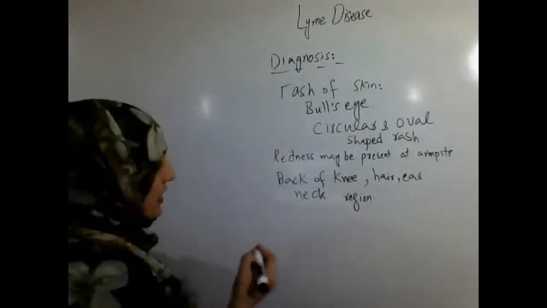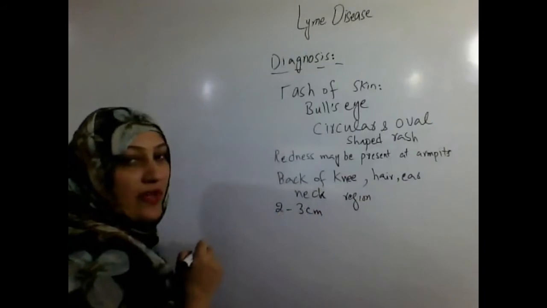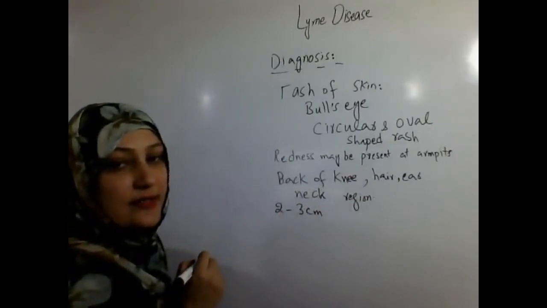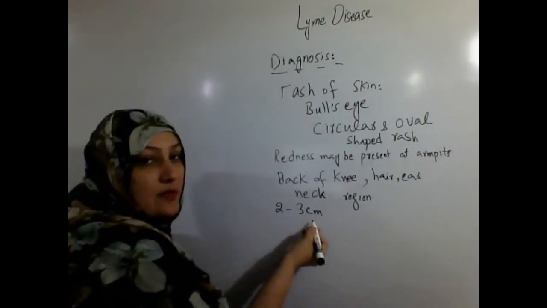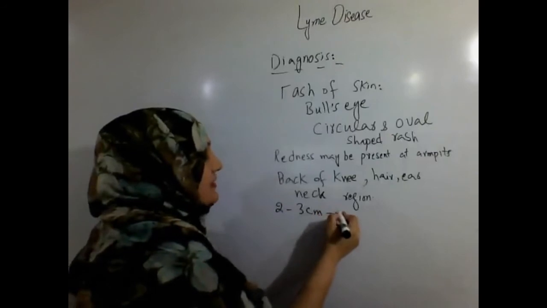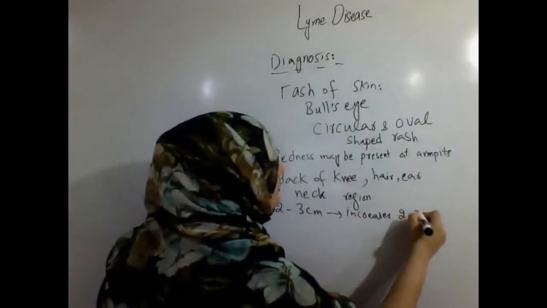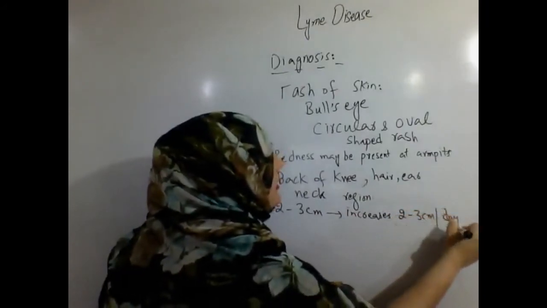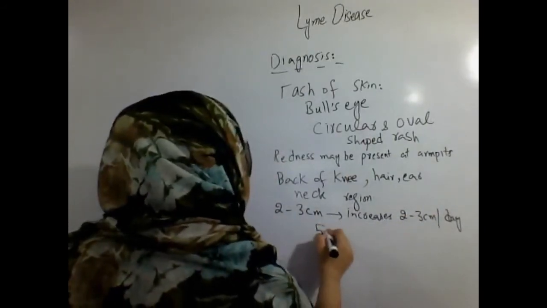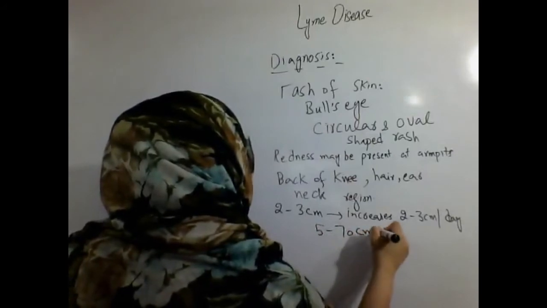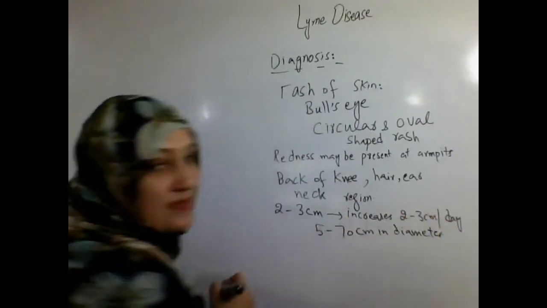From the start of the bite, its size: when the tick bites the surface of the skin, its diameter would be 2 to 3 centimeters, and it increases 2 to 3 centimeters per day, and at that point almost 5 to 70 centimeters in diameter.